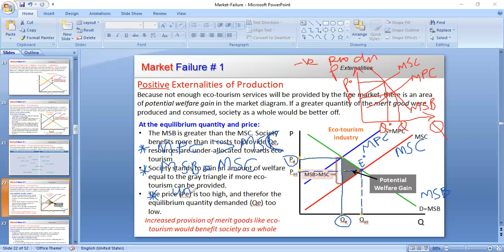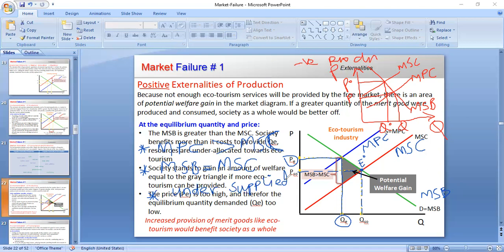Positive externalities are undersupplied or underallocated in the market, whereas negative externalities are oversupplied or overallocated in the market.